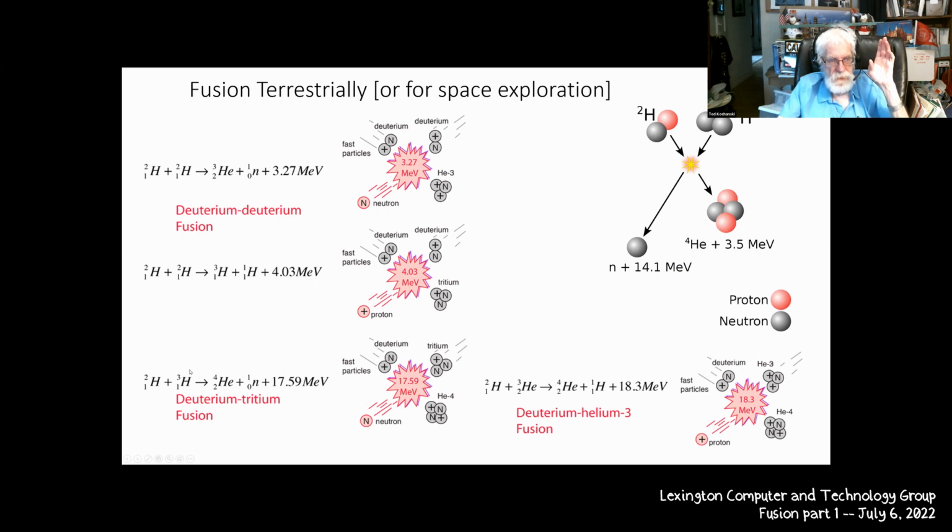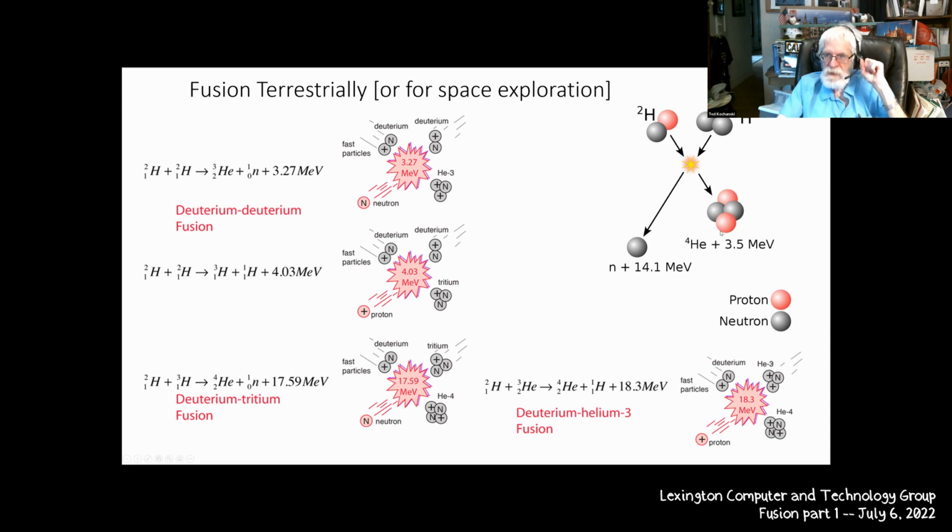This basically produces one neutron, much more energetic neutron. Again, it carries away most of the energy, a somewhat energetic alpha particle. The neutron in this case carries away 14.1 MeV, and the alpha particle left over 3.5 MeV. In most of the way people are looking at engineering a fusion reactor, the neutron is the way you're going to extract the energy.